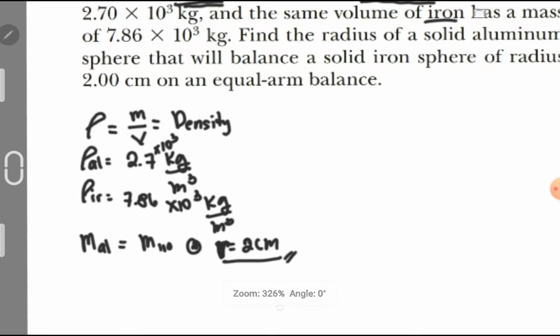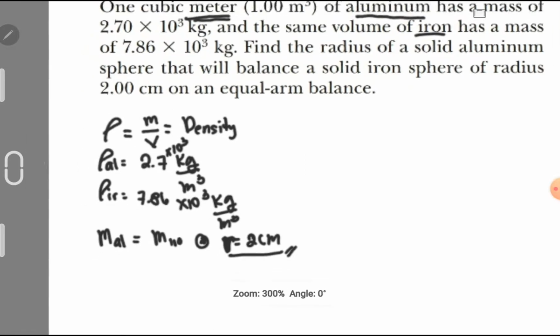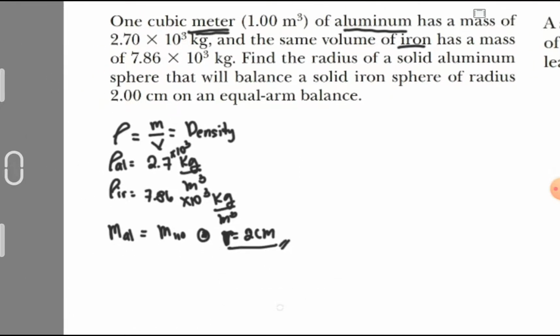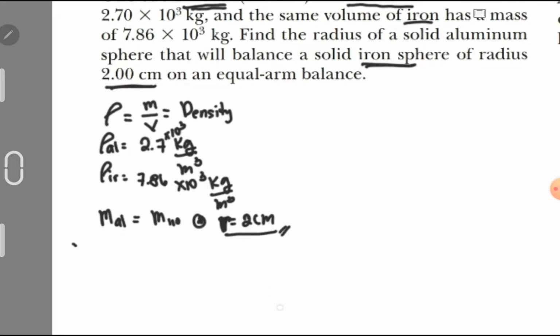Okay, so let us solve for the mass of your iron. Since the radius of your iron is given, which is equal to 2 centimeter.